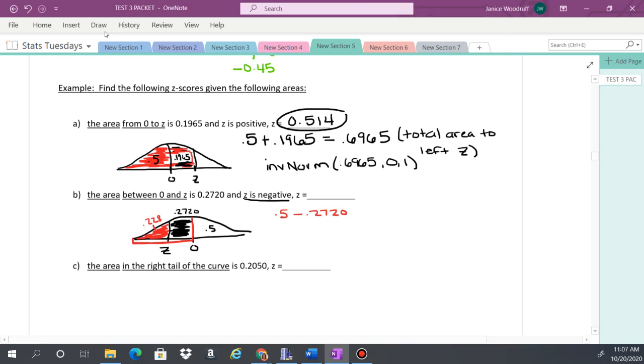That'll give me the z-score. So I'm going to go inverse norm. Then we have 0.228, 0, and 1.